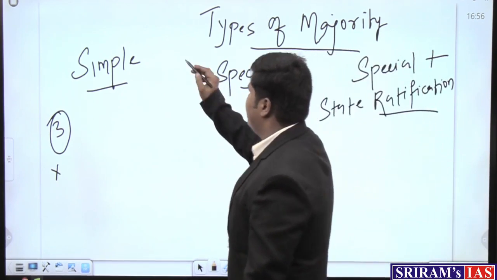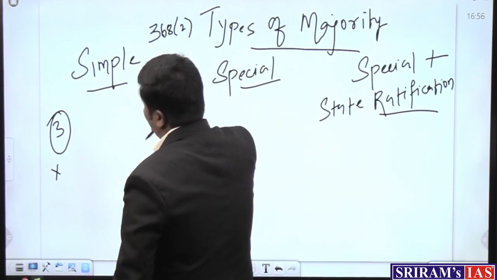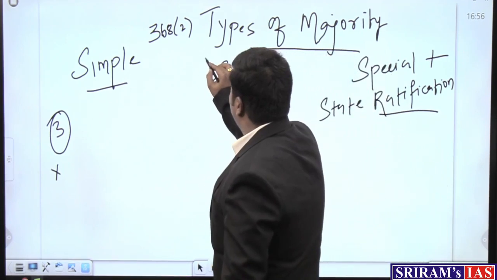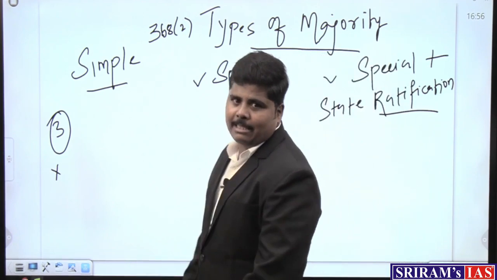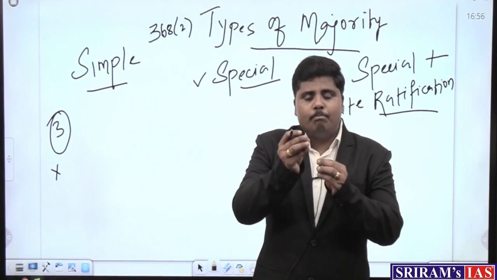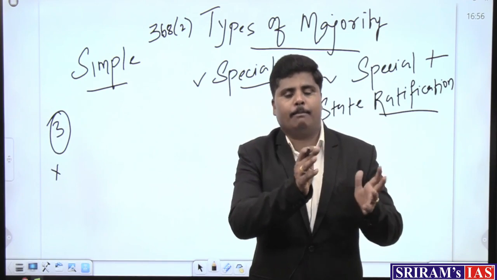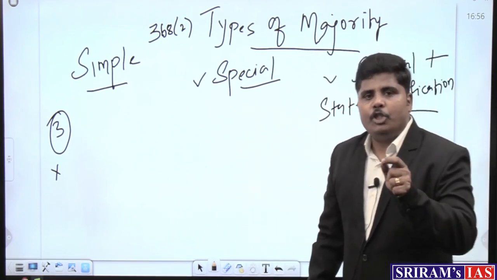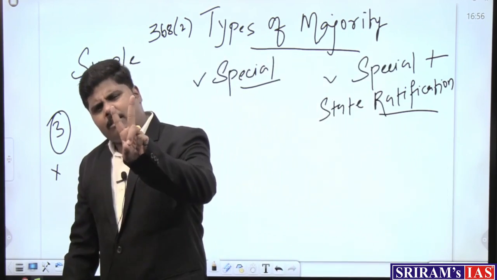But in reality, as per Article 368 subclause 2, there are only 2 types of majority. Number 1 special, number 2 special plus state ratification. We do not have the simple majority mentioned in Article 368 subclause 2. So, when a question is asked, how many types of majorities are there as per Article 368 subclause 2, the answer is 2 only.